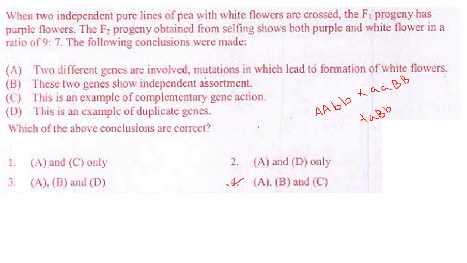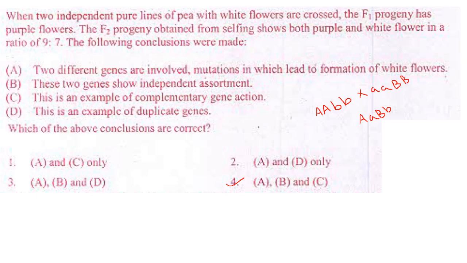Then next one. When two independent pure lines of P with white flowers are crossed, the F1 progeny has purple flowers. The F2 progeny obtained from selfing shows both purple and white flowers in a ratio of 9:7.